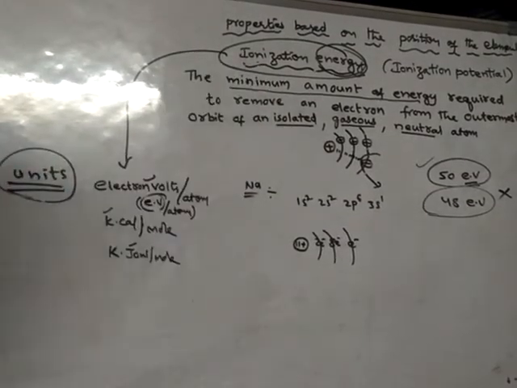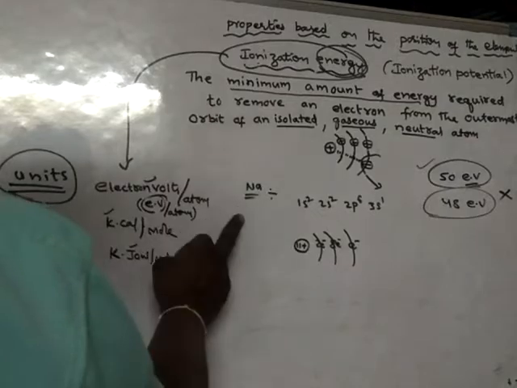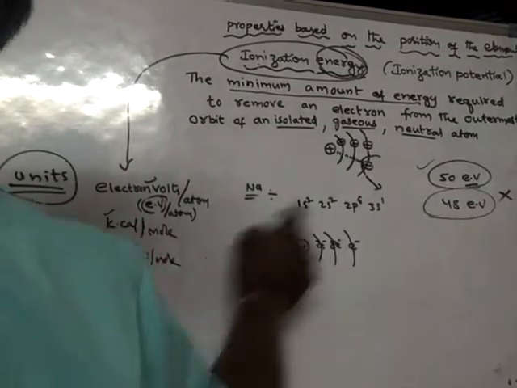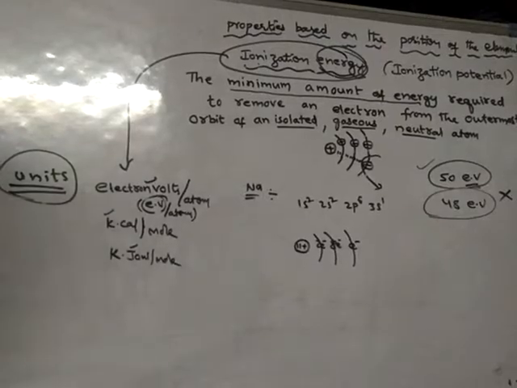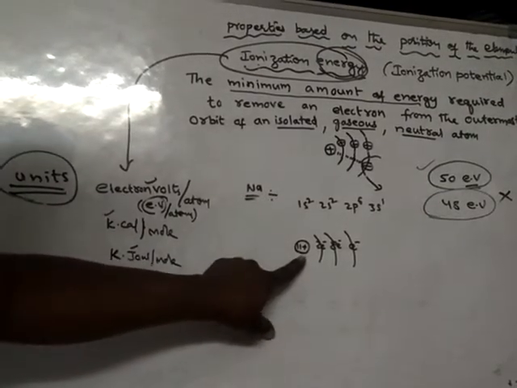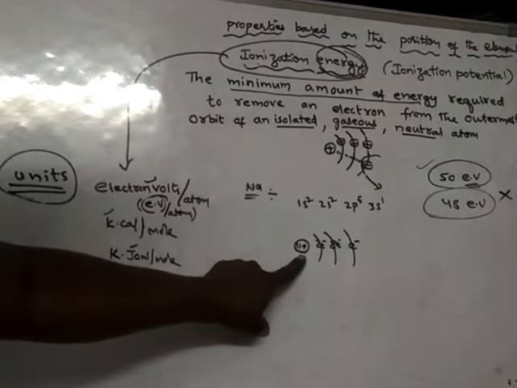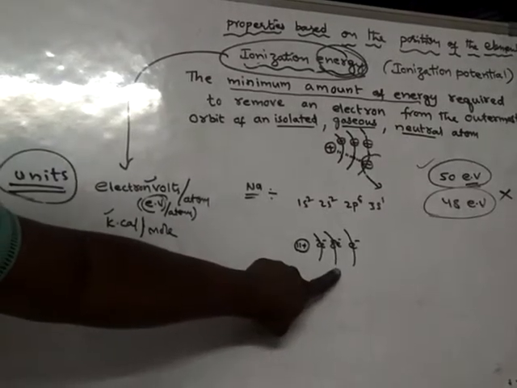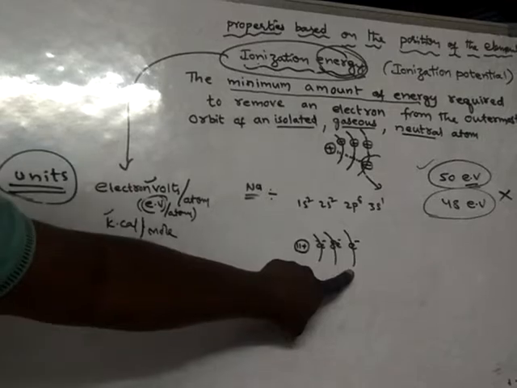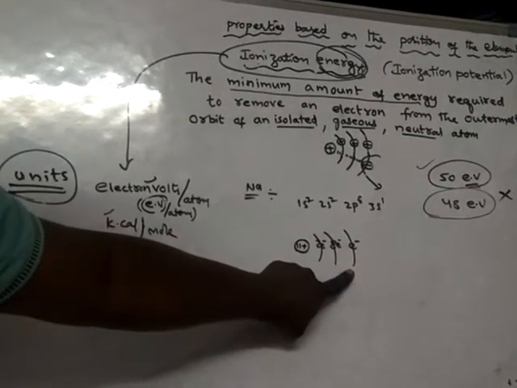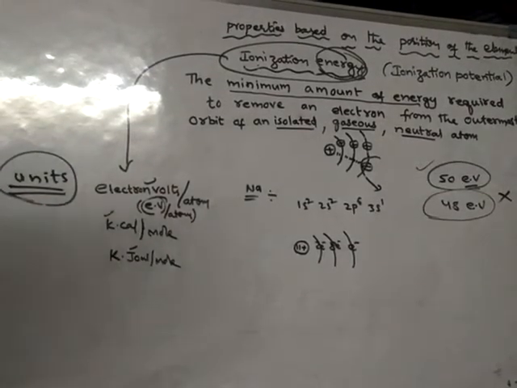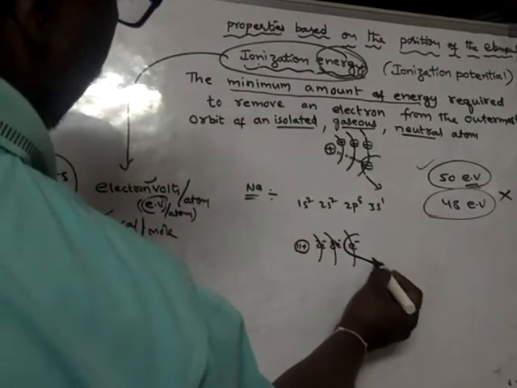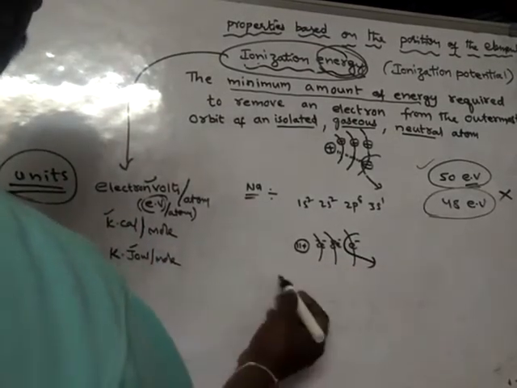Okay, right. Now let us take an example to discuss this. Take sodium. Its electronic configuration is 1s2, 2s2, 2p6, 3s1. The nucleus of the sodium atom has 11 positive charges, and the first orbit has 2 electrons, the second orbit has 8 electrons, and the third, last orbit has only 1 electron. Suppose I take out this electron from the atom, what happens?